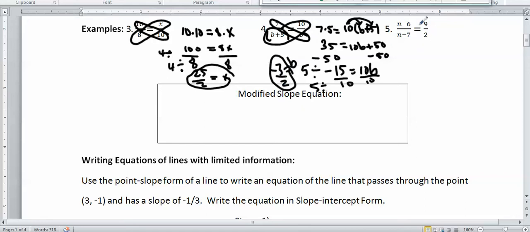All right, now I want you guys to try number 5. Okay, so pause the video real quick and try number 5. All right, so what you should have done, cross multiply the denominator 2 with the top n minus 6. Remember to put parentheses around it. The denominator 7, cross multiplied with 9.